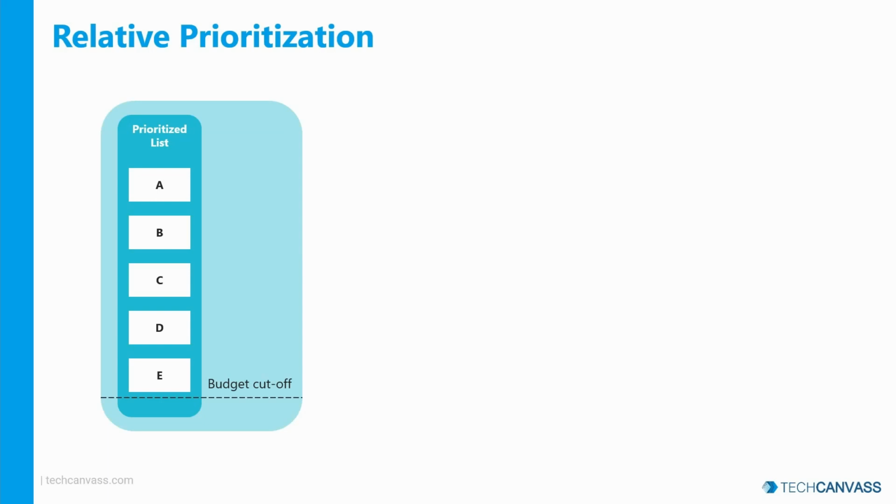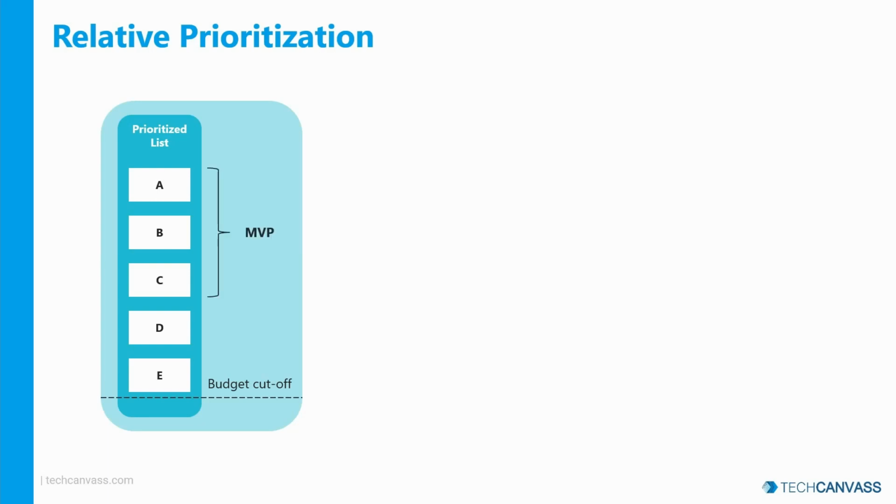Now, if you look at this list, you have prioritized list of features in the descending order of priority. Feature A is of highest priority, feature B is of second highest priority, and so on. And at the bottom, you see something called budget cutoff, which means that any features further would be crossing the budget cutoff and would be pushing the project towards being over budget.